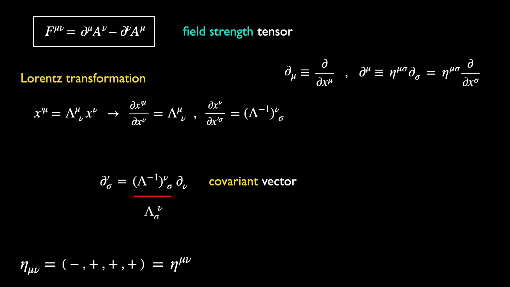Recall from lecture 1, lambda inverse is just equal to lambda with its upper index lowered and its lower index raised. From this, we can see how the upper index derivative transforms.